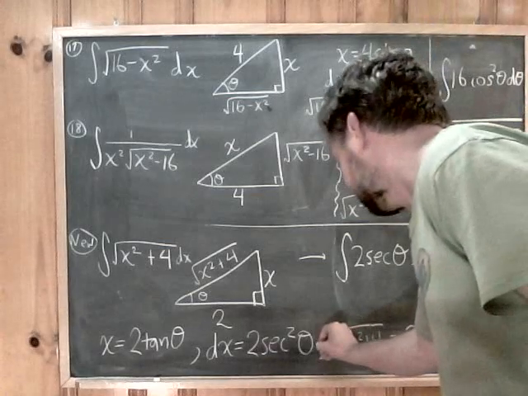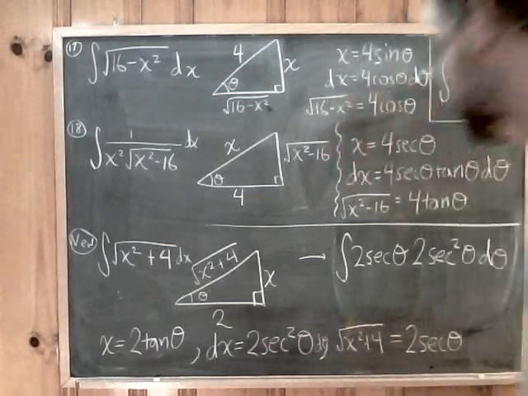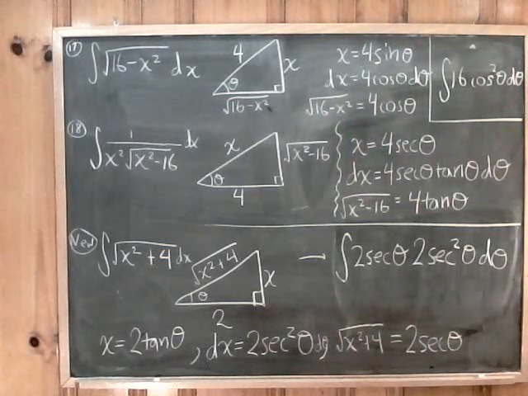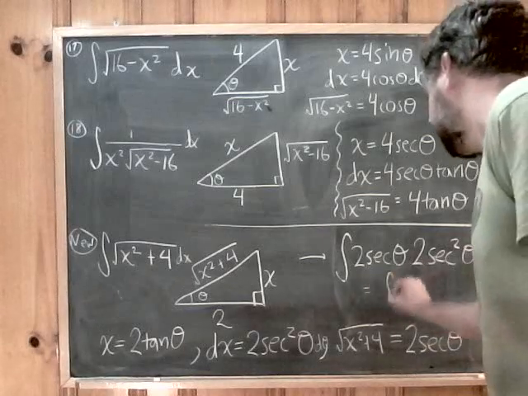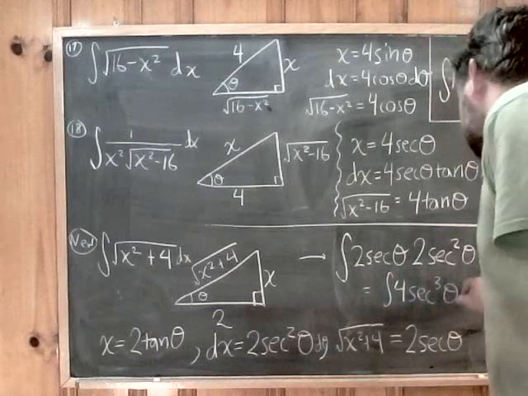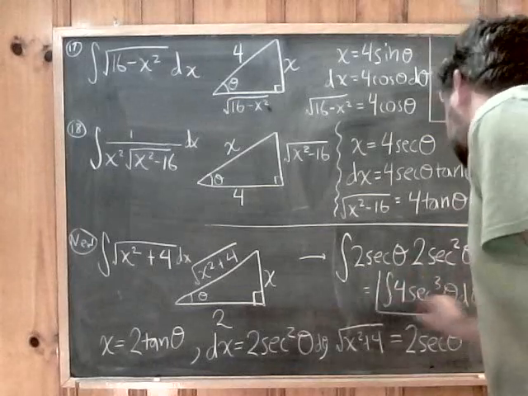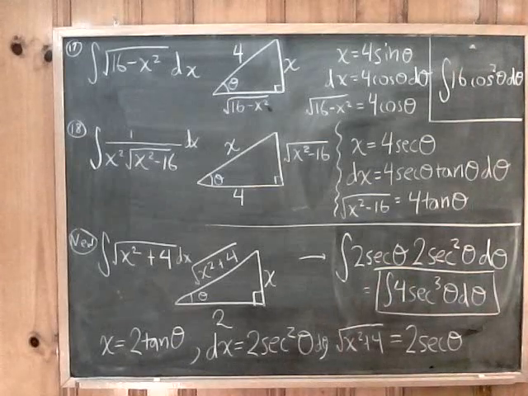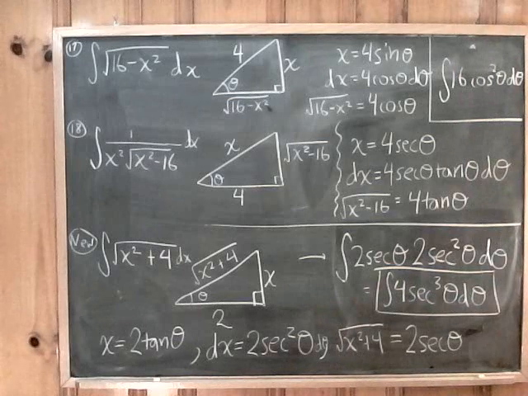Forgot writing d theta down here too. And we could simplify that a little bit to make it 4 secant cubed theta d theta. All right, so there's the substituted version of that one.